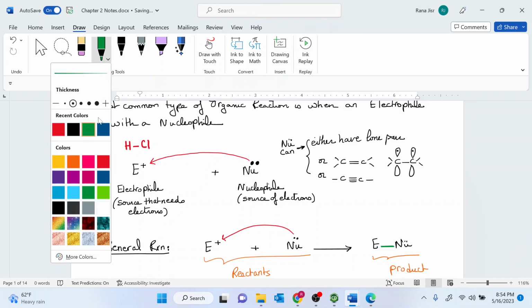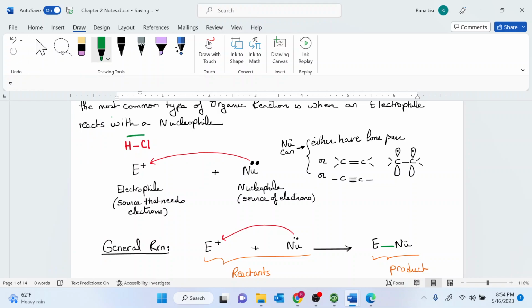So here you are forming a direction of polarization because the chlorine is more electronegative. So the chlorine is going to pull electrons away from the hydrogen. So think about it like this: chlorine pulling electrons away from the hydrogen and making the hydrogen partial positive. So this hydrogen over here is going to be lacking electrons because of the chlorine.